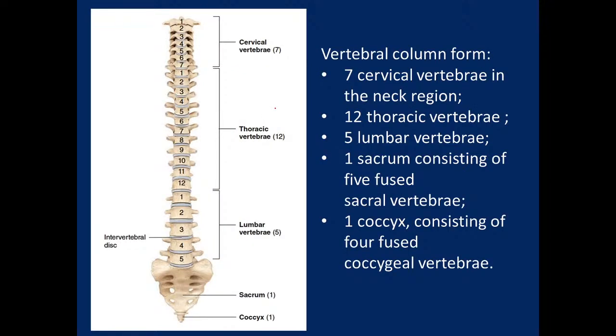The vertebral column, also called the spine, backbone or spinal column, makes up about 2/5 of the total height of the body, and it is composed of a series of bones called vertebrae. Here you see all of the vertebrae: 7 cervical, 12 thoracic, and 5 lumbar vertebrae.